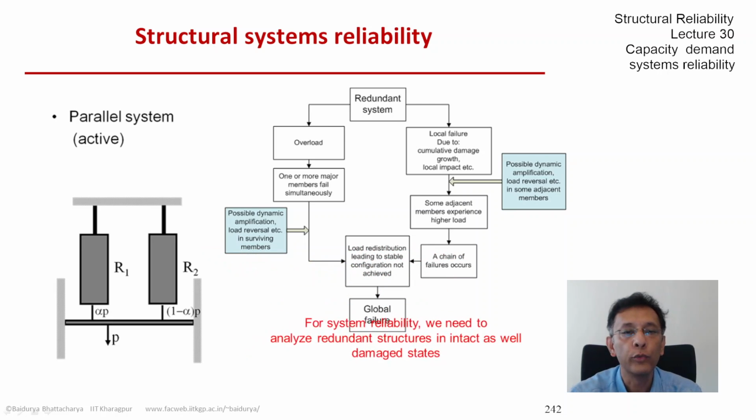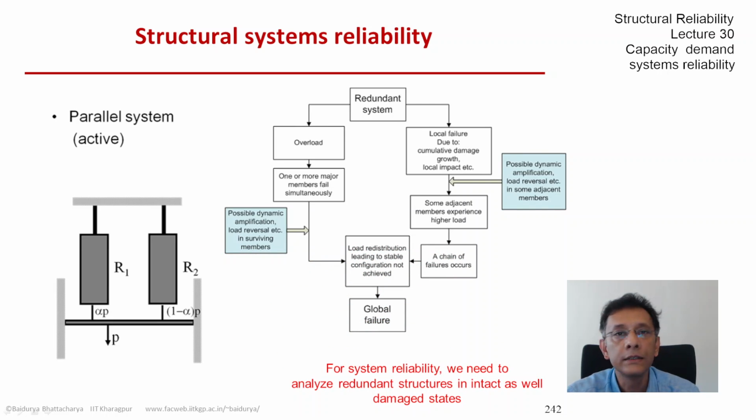And if we need to analyze the system reliability for such a redundant system, it is clear we would need to analyze the structure both in intact state as well as in damaged state.